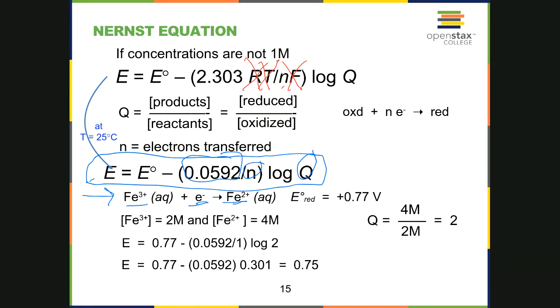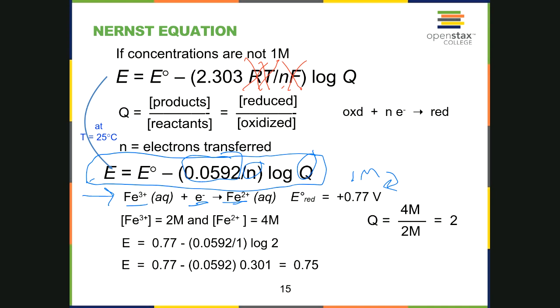If the concentrations of iron 3 and iron 2 were both 1 molar, we'd be using that value. But if they're not, then we have to use the Nernst equation to correct for it.